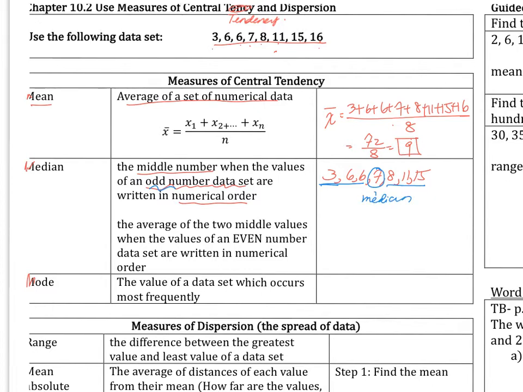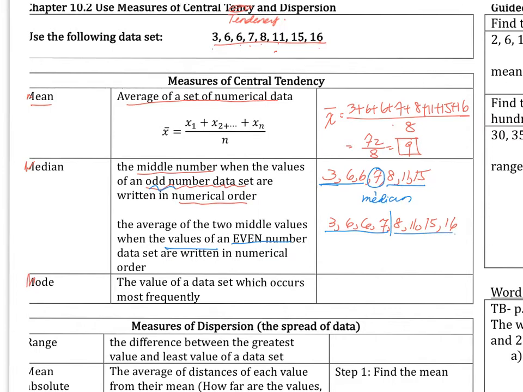But what if you have an even number of values? Now I'm going to use the original data set. So that would be 3, 6, 6, 7, 8, 11, 15, 16. Now I need to count, okay, I have 4 to the left. Well, I'm going to split the data in half.